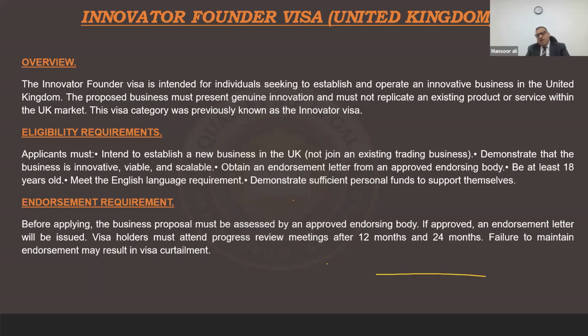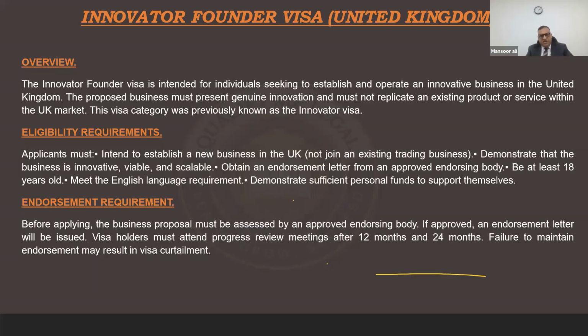At the first stage, as I told you, you should have an idea which is viable, scalable and innovative in nature. Secondly, once you have these, you need a business plan, and you need to get endorsement for that business plan from an endorsement body. There are a number of endorsement bodies for different categories.